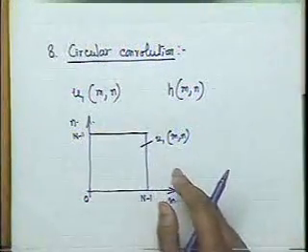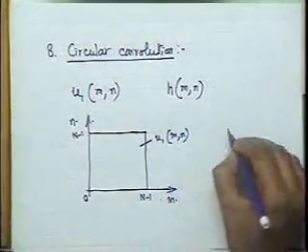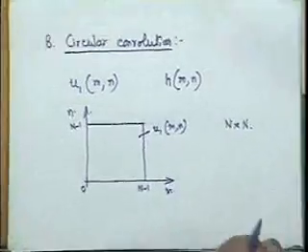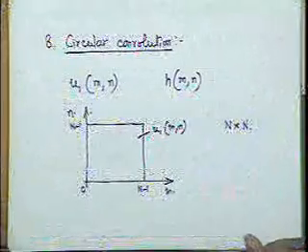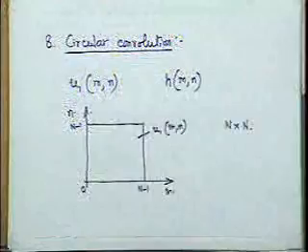So this is of size n by n, and the second sequence h of mn which I have got, I define that to be a shorter sequence, possibly a sequence like this.